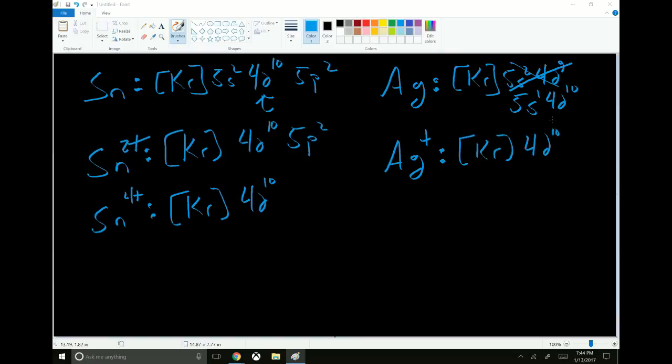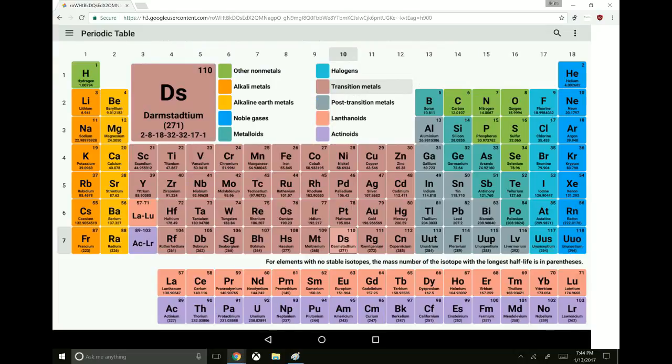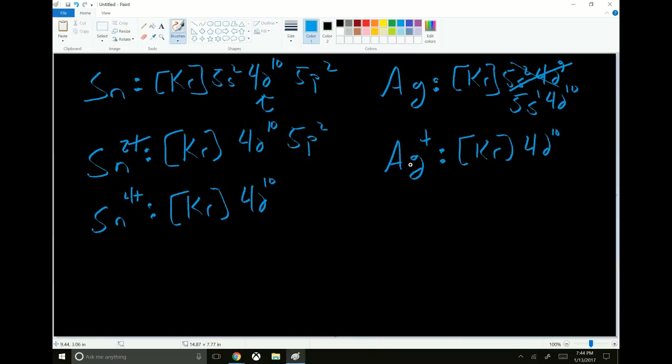And similarly, we can look at zinc. Zinc is one up and one right. It is right here. Element number 30. Zinc, argon, 4s2, 3d10.